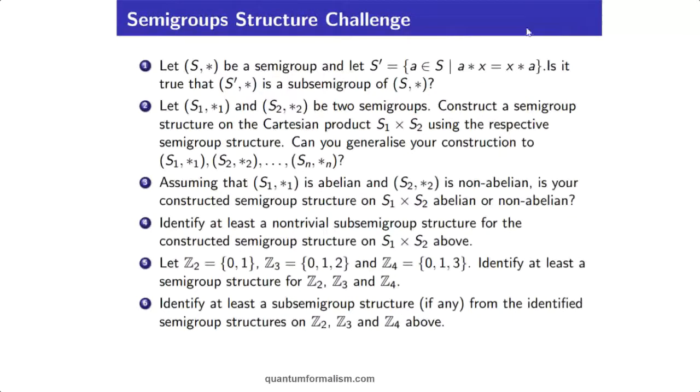I should have said for all X in S. The question is whether this is a sub-semigroup of S. This is a challenge for you to go and think about; you don't have to answer it now.